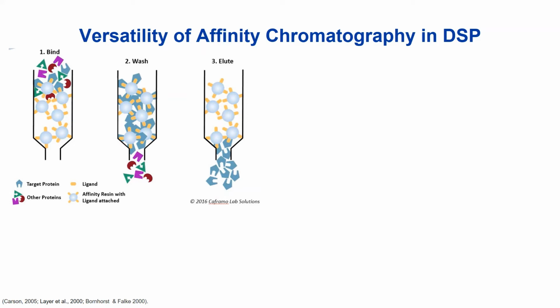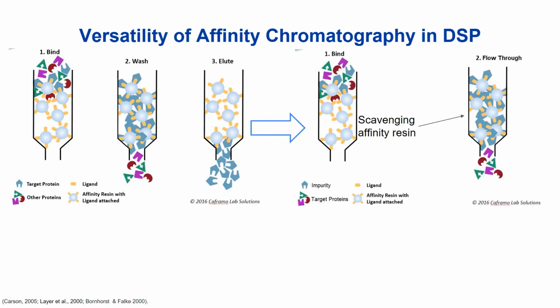However, it can also be used in polishing steps, such as removal of process-related impurities when used in flow-through mode. The resins in this case are called scavenging affinity resins, or they can be used to separate the desired form of a target molecule from closely related product impurities by, for instance, selective elution.